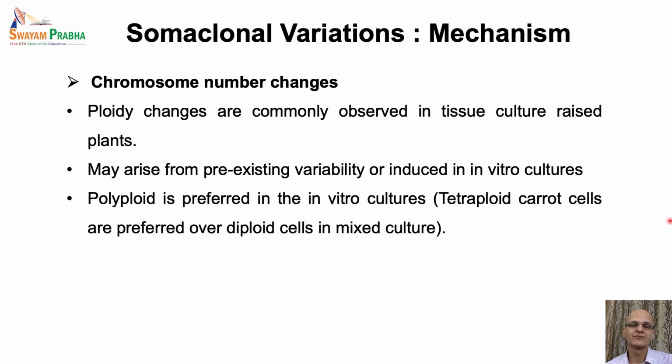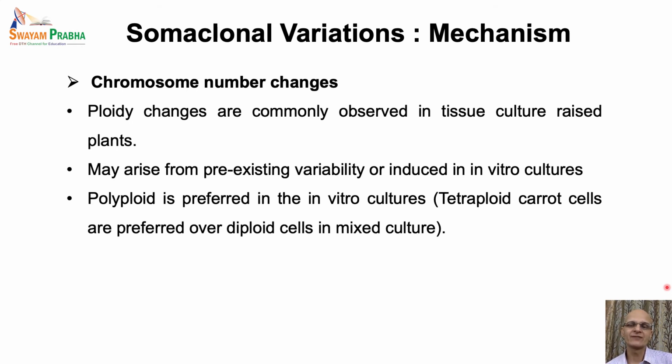For example, if we take the diploid and tetraploid cells of carrot, when we grow these diploid or tetraploid carrot cultures individually or separately, the growth rates of these cultures are very similar.